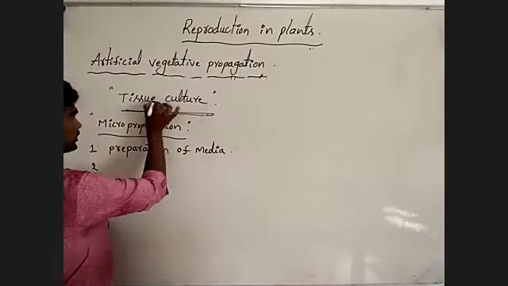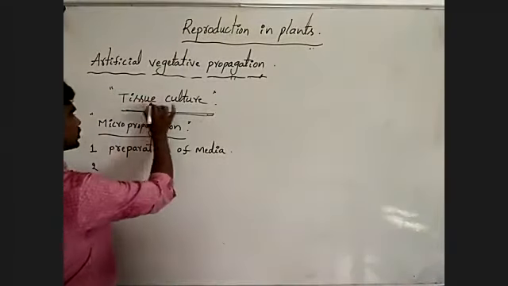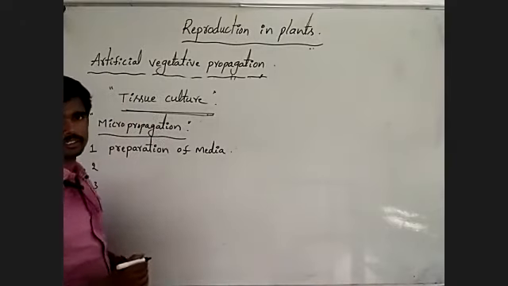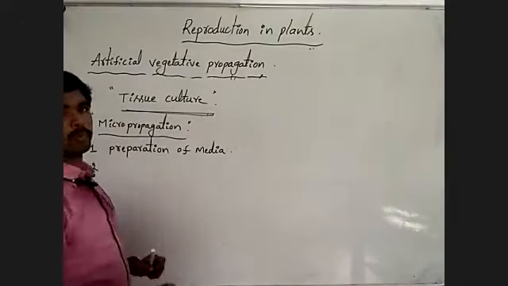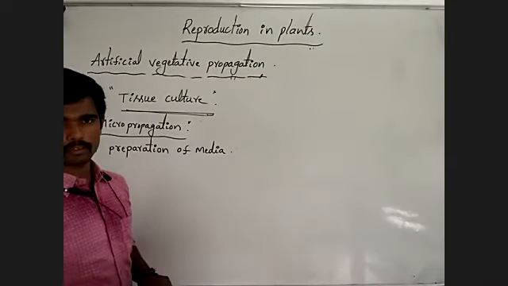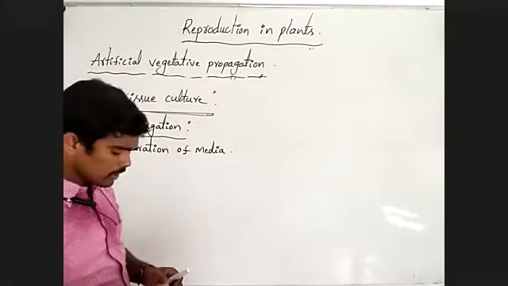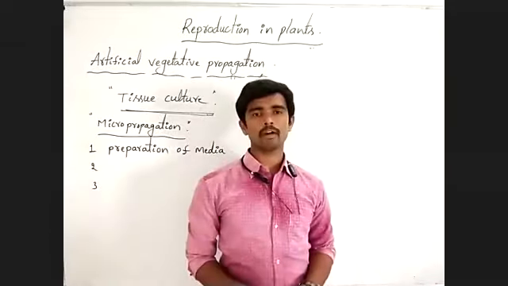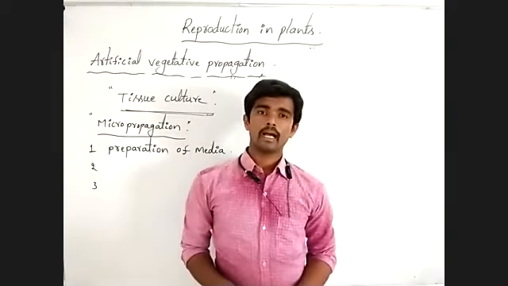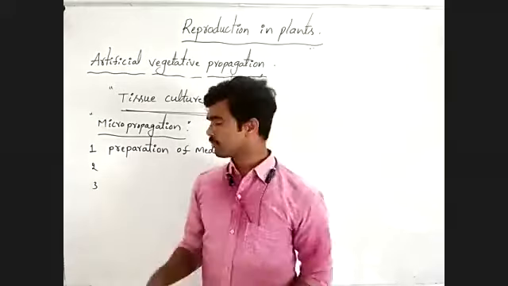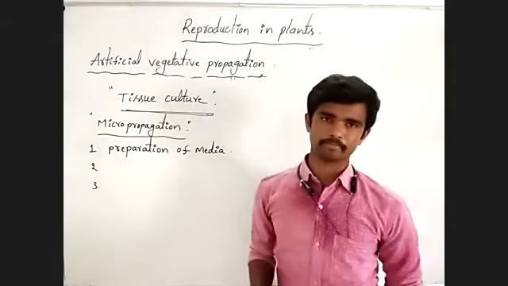In tissue culture, tissues are cultured to produce the new plant. It is also called micropropagation because a number of plants can be developed within a short period. That is why it is called micropropagation.